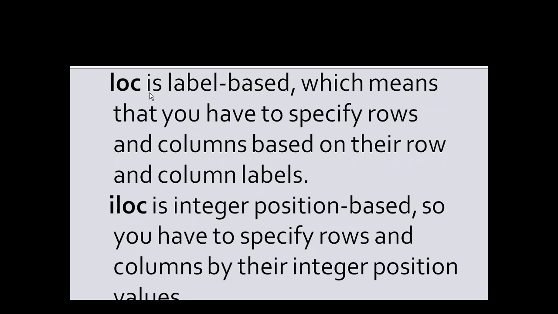But in case you don't know the row and column labels, you can use integer position, the position of your rows and columns. So you have to specify row and column by their integer position values. So you can use either loc or iloc. This is the difference between these two. This works upon the label and this works upon the integer position.